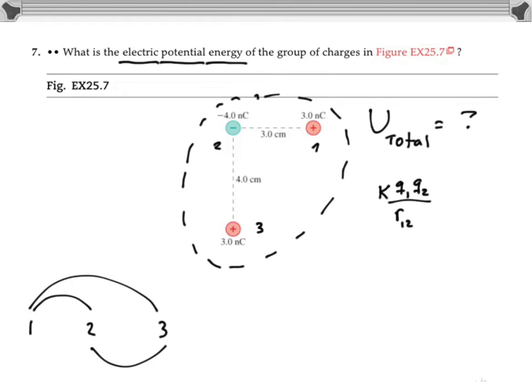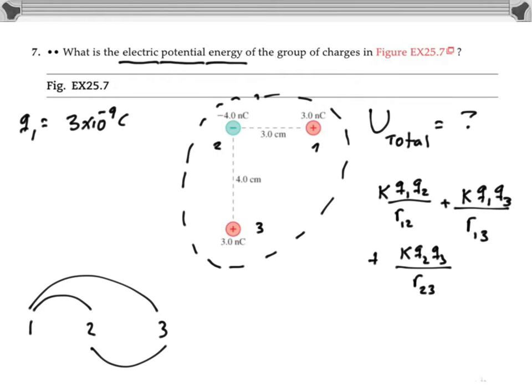So the first term, 1 with 2: the potential energy of 2 point charges is K, the electric constant, times Q1 times Q2 divided by the distance between these two charges, which I'm calling here R12. We're going to add to that K times Q1 times Q3 divided by the distance R13. And we're going to add to that K times Q2 times Q3 divided by the distance between 2 and 3.